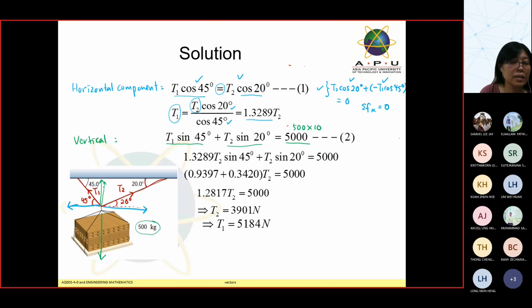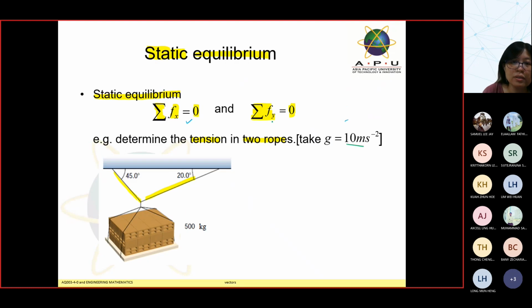So can you see the total to the top, which is T1 sin 45 and T2 sin 20. Then the one going downward, which is the object, 500 times 10, which is 5,000 Newton. This one is applying the concept of Fy equals 0. Remember earlier I said total horizontal component equals 0, and vertical component equals 0.